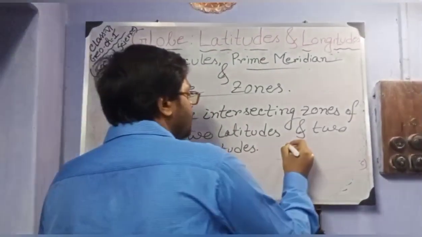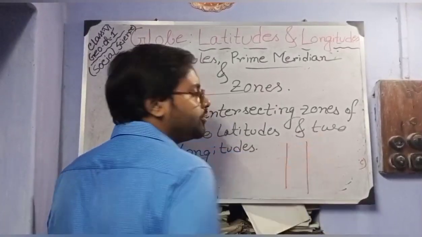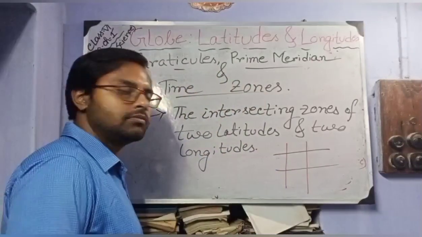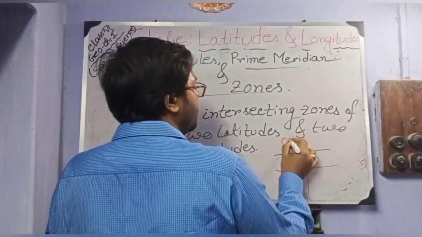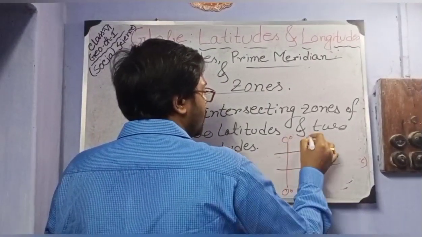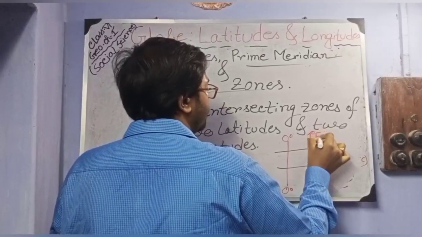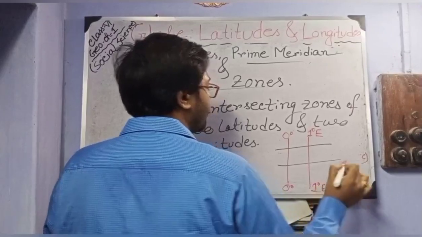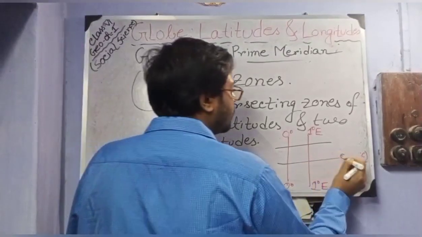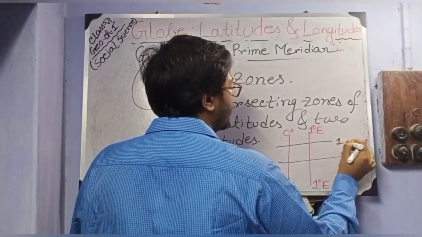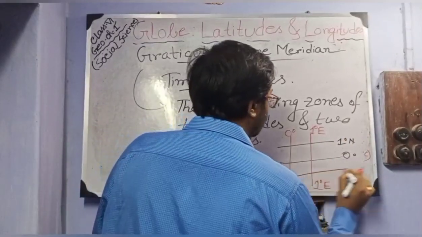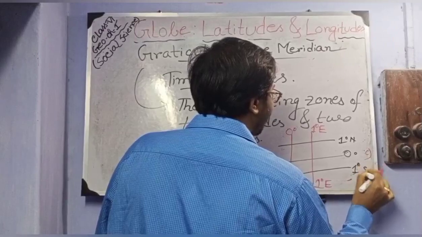So if we draw two longitudes and two latitudes, suppose this is 0 degree, 1 degree east, and this is 0 degree, this is 1 degree north, and also we may draw 1 degree south.